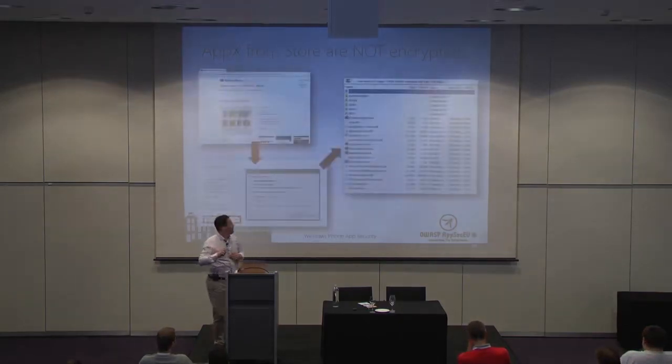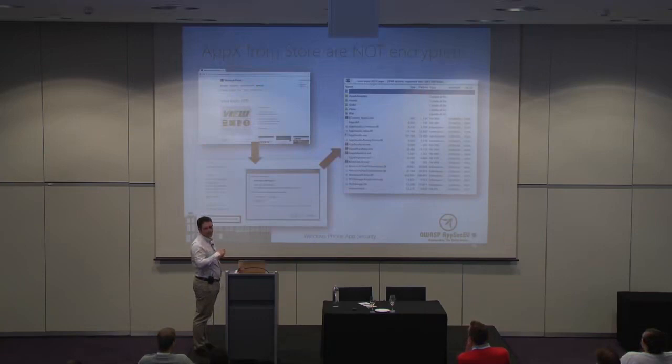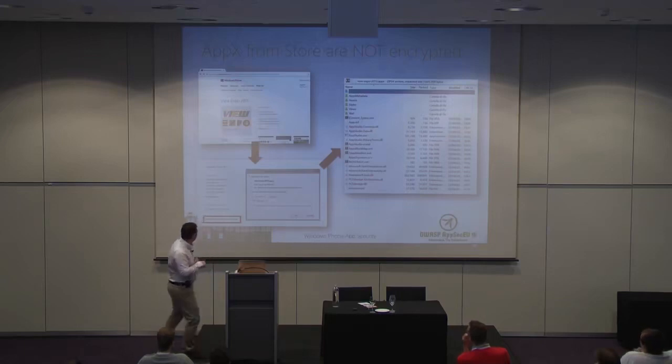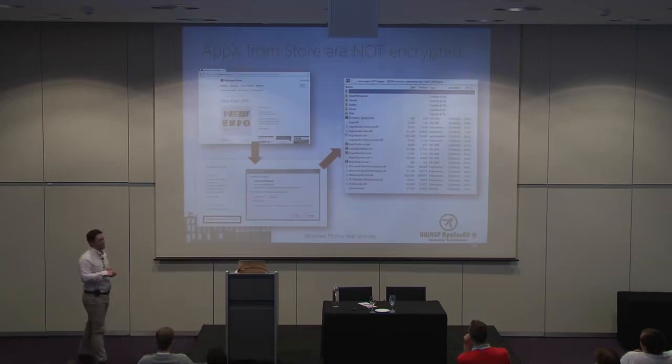You just have to go to the Windows Phone store and look for your favorite app. We are hosting the Expo in Italy, so I just want to try to download the View Expo News app. Okay, so we have a link, download and install manually. We can download the app, and then we can use our unzipping utility in order to open the zip and extract all the binaries.